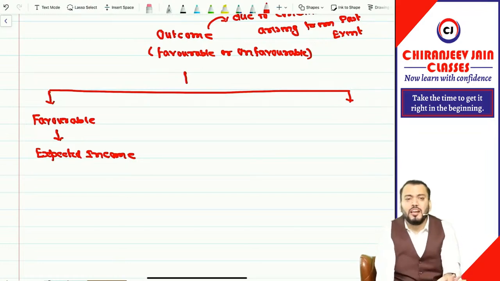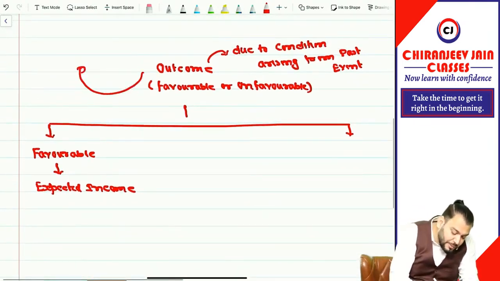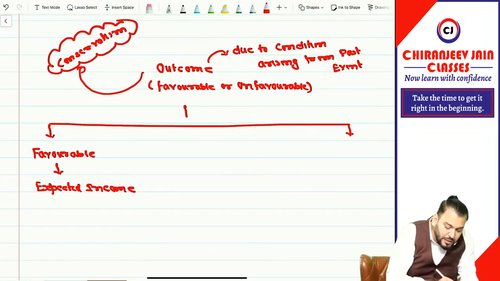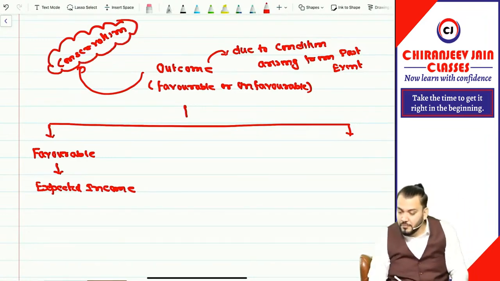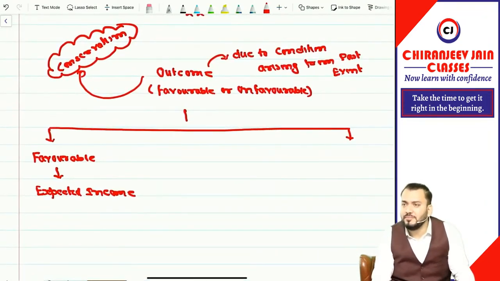Now, it means whatever we are discussing, which principle? Conservatism principle. Bolo yes or no? What is the meaning of conservatism?